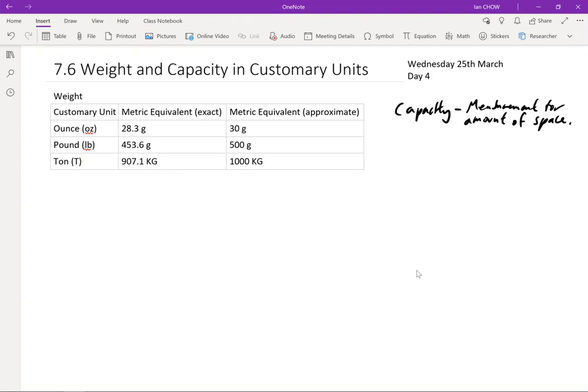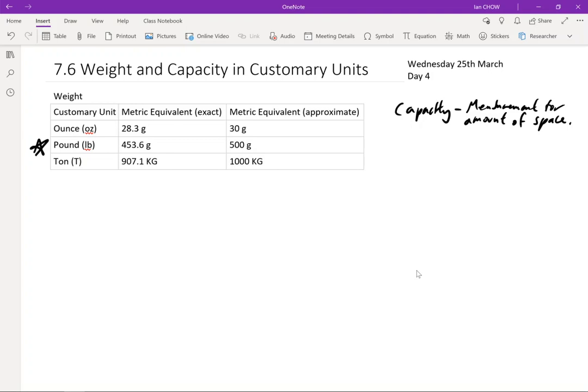Now the measurement that most of us see and still understand quite a bit is the pound, because most of us would probably record our own weight in pounds. For example, most secondary students weigh maybe around 130 pounds, 120 pounds.